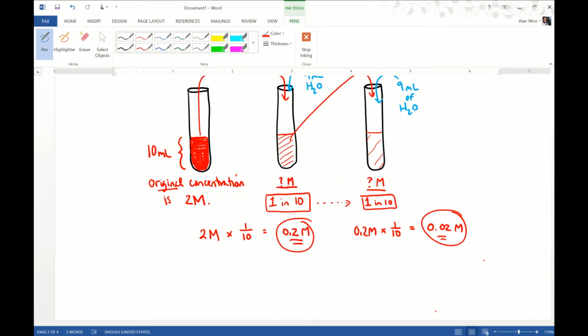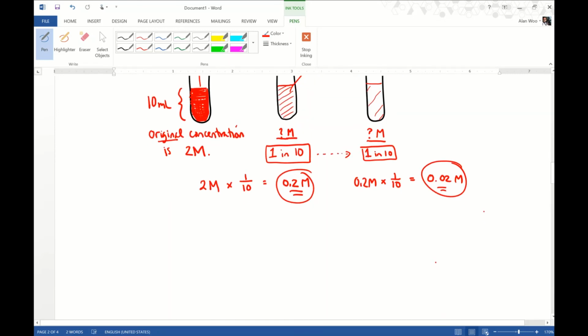The beauty of this is that when I compare it to the original, here's my original concentration. It's 2 molarity. This is my current concentration, 0.02.